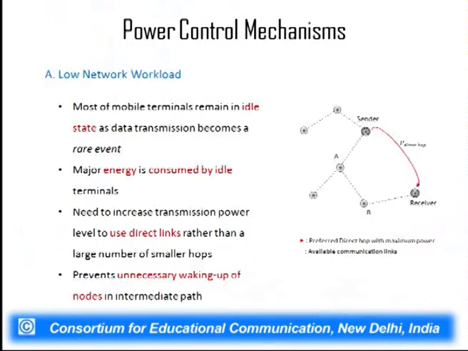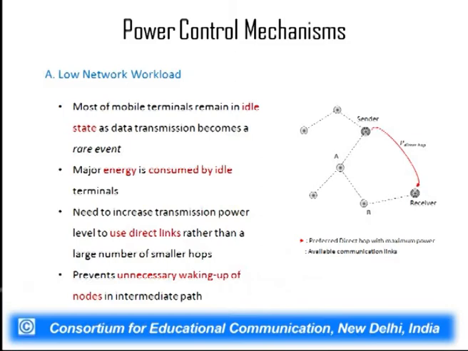Now, on the basis of category, we can have two different power control mechanisms. The first is low network workload, that is, for those networks where the communication load is not very high, it's quite low. For that type of network, most of the mobile terminals tend to remain in the idle state. They are not transmitting, and they obviously cannot completely turn off their radio.